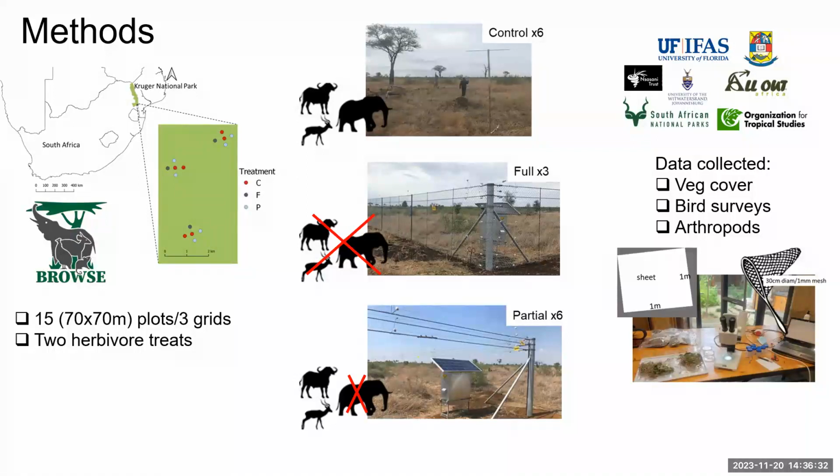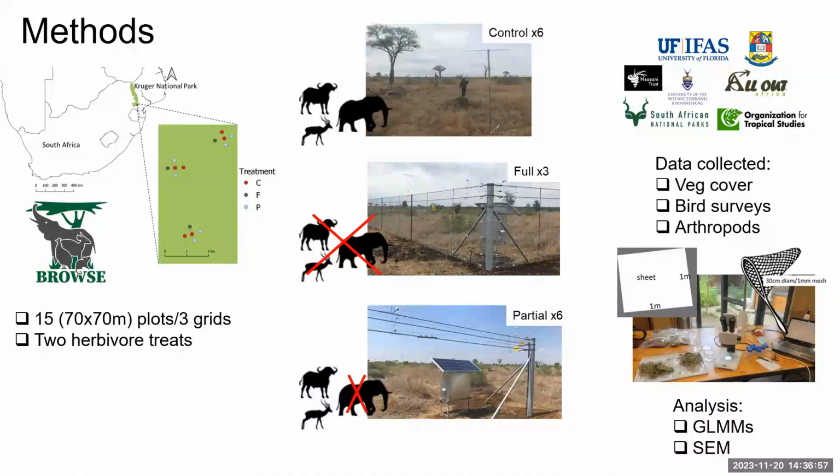We also collect insects with the feeding sheet. So things that are found on woody vegetation, we use the sheet to collect them. And we take insects to a lab in Kruger National Park, and we count individuals under a microscope.